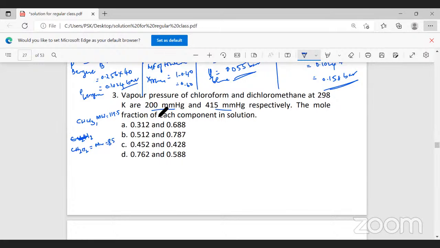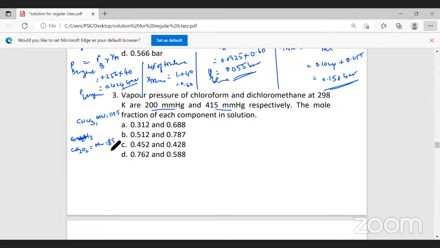They have given the vapor pressure of the pure components. Now, how do you calculate this? Firstly, you need to calculate the mole fraction. In order to calculate the mole fraction, we need to know the weight of the component.